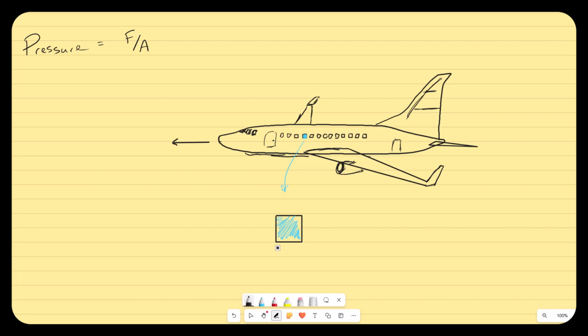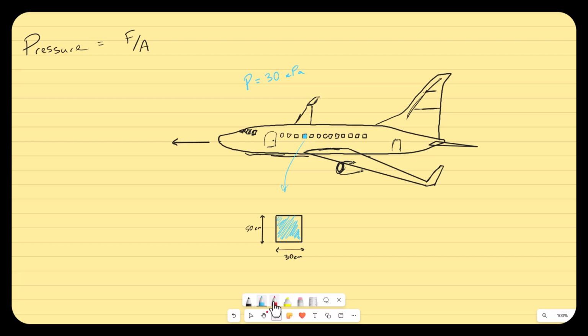The window is 30 centimeters across and 50 centimeters tall. It's a big window. And we would like to say outside the plane, because we're pretty high up, we're going to have maybe 30 kilopascal pressure.